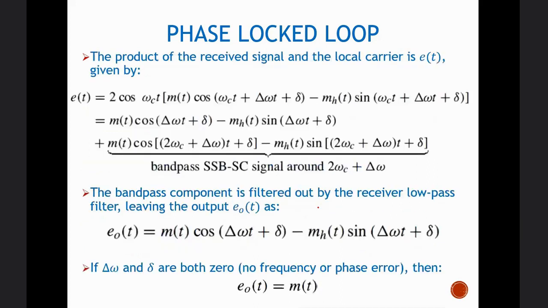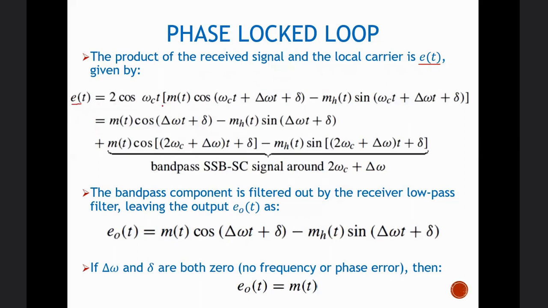Now let's say we have a coherent receiver. That means we need to multiply a local oscillator with the incoming SSB signal, so that the product of the multiplication, let's say it's e(t), is given by this expression.